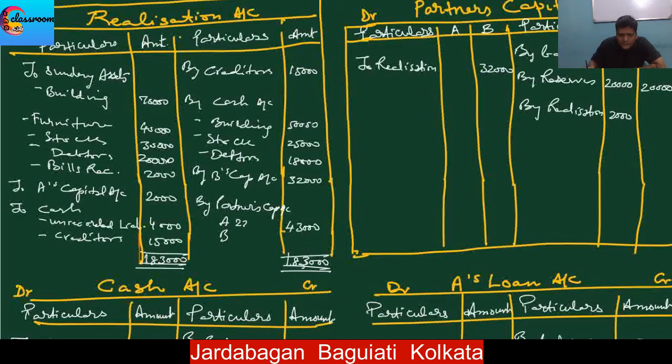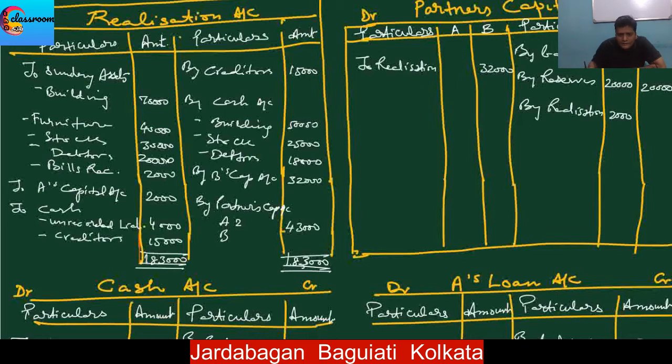So this is 21,500 to both. The realization loss is 43,000 distributed between A and B equally.